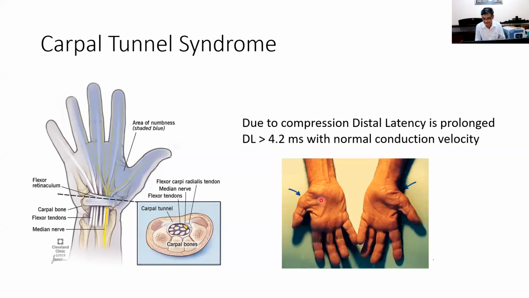Don't wait years. If you wait for years and years, this is the end result. And in this patient, even if you do carpal tunnel release surgery here, this will not get better. The nerve has already become demyelinated and compressed permanently and probably ischemic and damaged. So there is no point in doing surgery when you come to this stage.